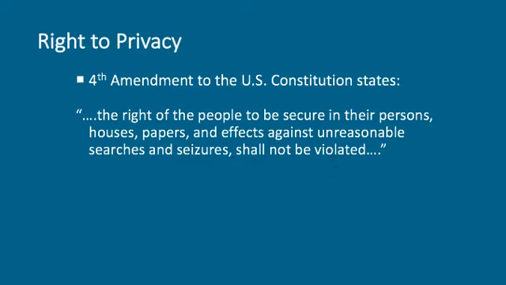So basically it guarantees that American citizens are protected against arbitrary invasions by government officials, right? That in order for the government or a state actor to invade your privacy, they have to have a valid reason for doing so, is essentially the heart of the Fourth Amendment here.